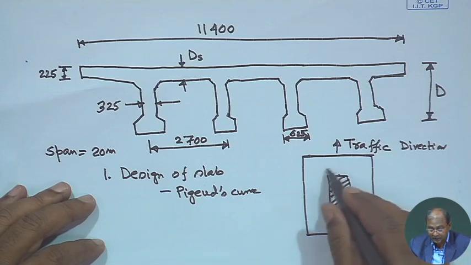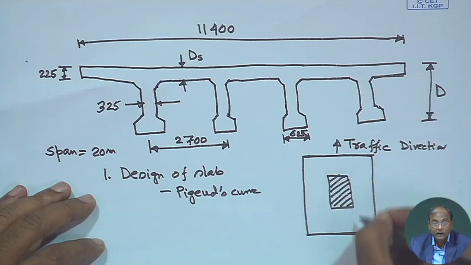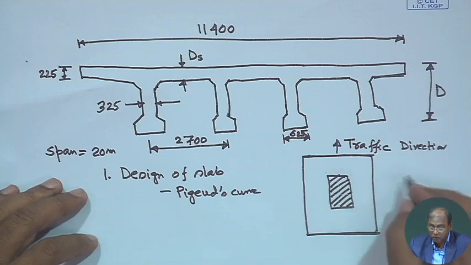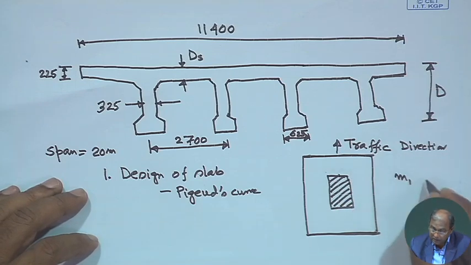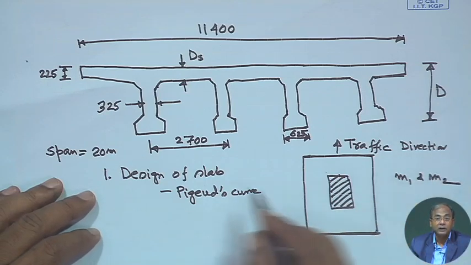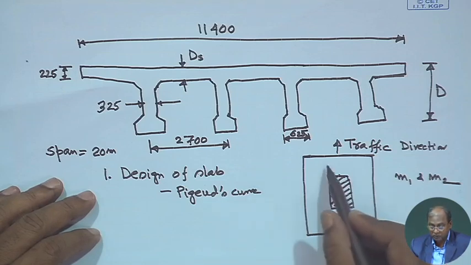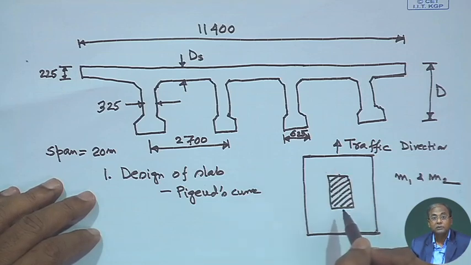On the basis of that we know the length and breadth, and from there we can find the values of M1 and M2, and from there the moment and whatever force we are getting.